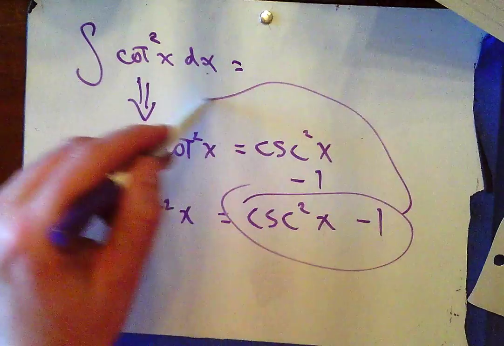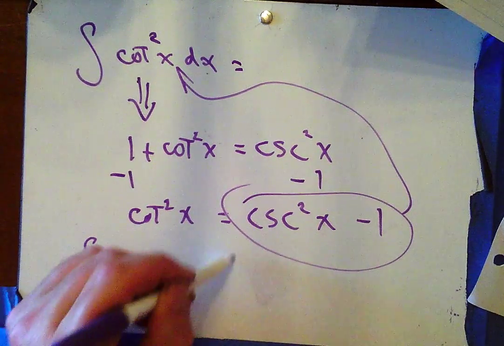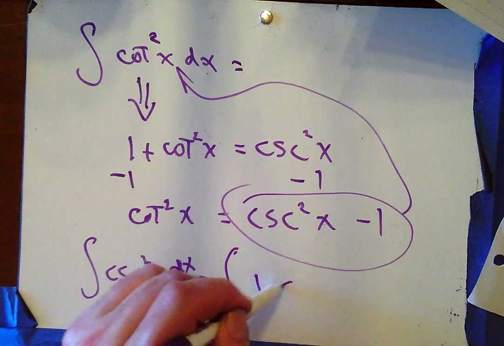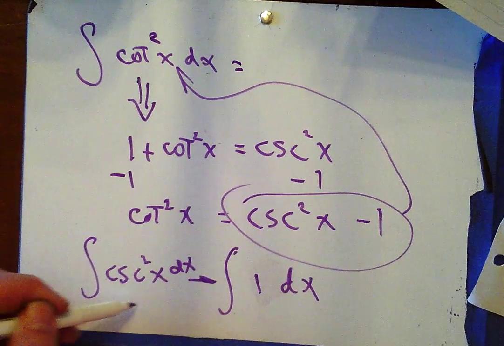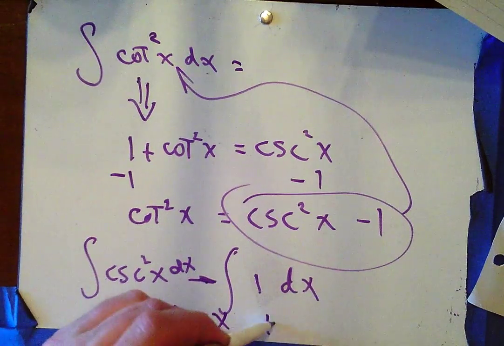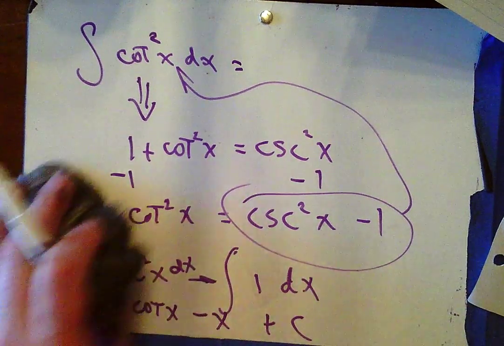So substitute. And so now I have the integral of cosecant squared x minus the integral of 1 dx. Whose derivative is this? It's negative cotangent's derivative minus x plus c. There you go.